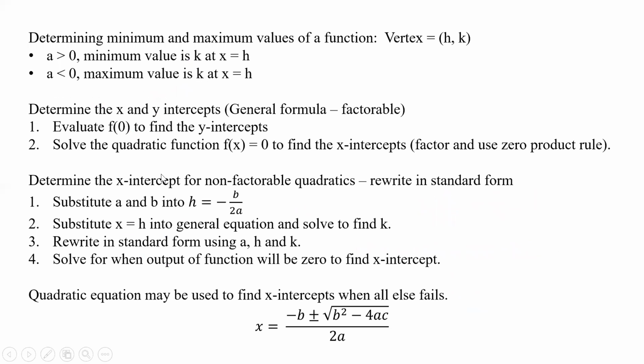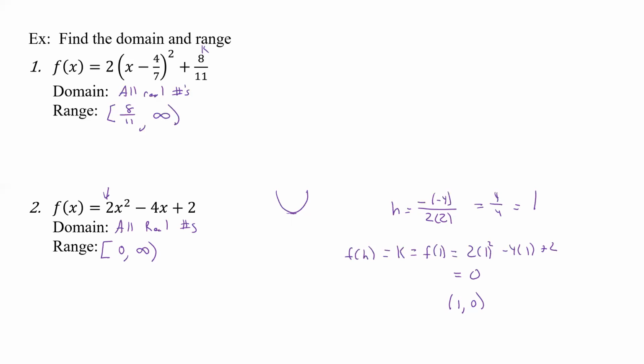We don't, but what we're going to do next is determine the minimum and maximum values of a function. Well, do we think we can do that? I mean, think about this one. This is going to be a minimum. What if we had that? Well, that's going to be the max, and we know the vertex is h comma k, so it should be our k values.